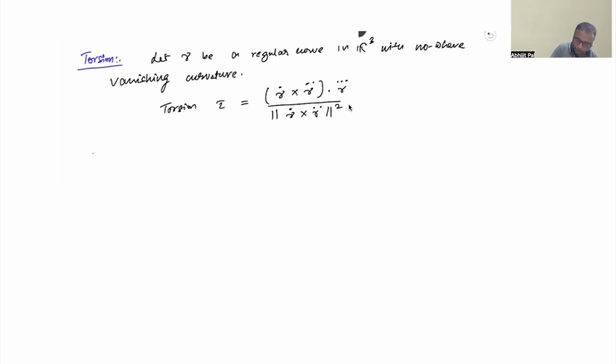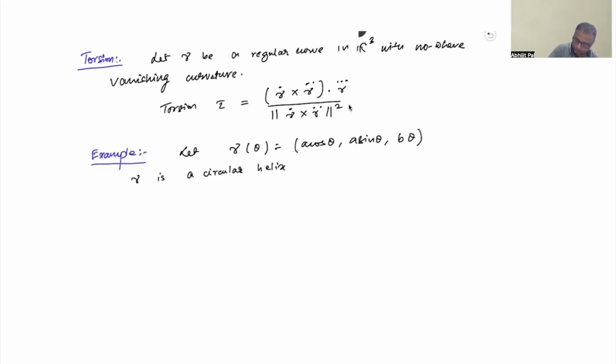For example, let gamma of theta be equal to a cos theta, a sin theta, b theta. So gamma is a circular helix in R3.